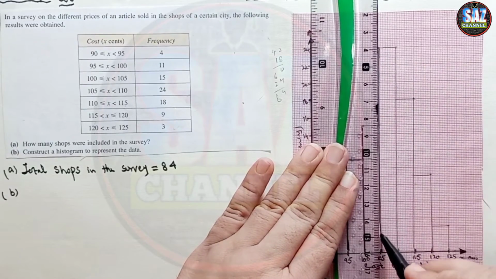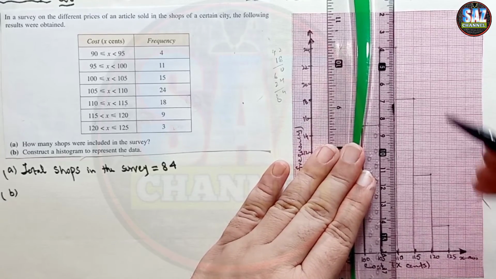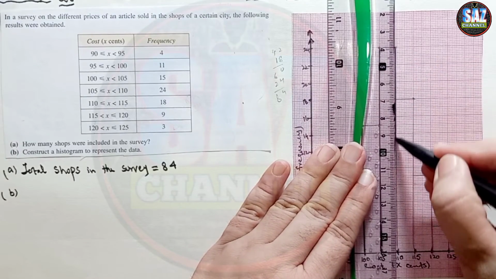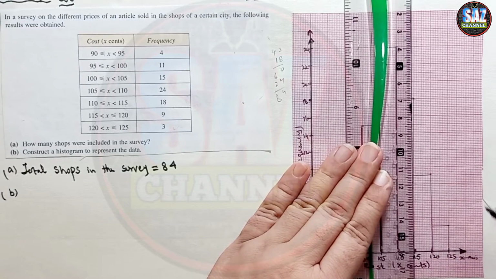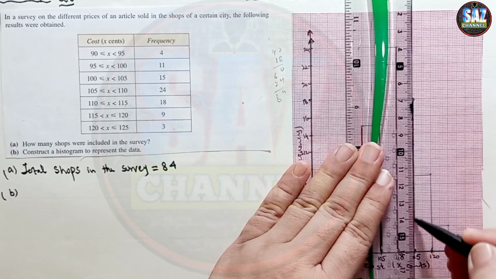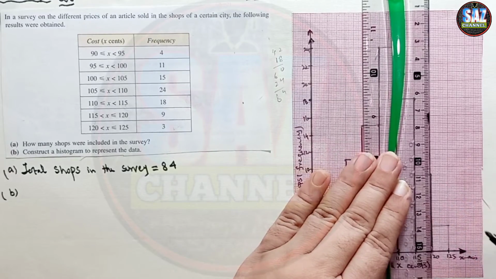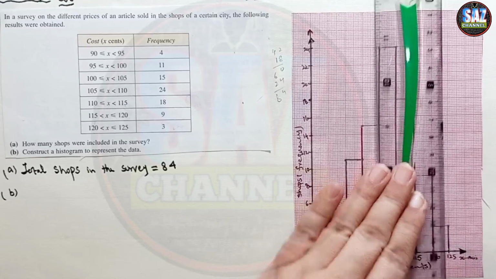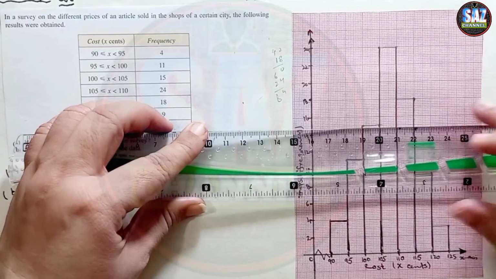This is one of the most important parts of your O-level examination, students. So you should have a clear idea and understanding of how to construct the histogram with equal class width and what the class width is. So let me complete the rectangles on this side as well.